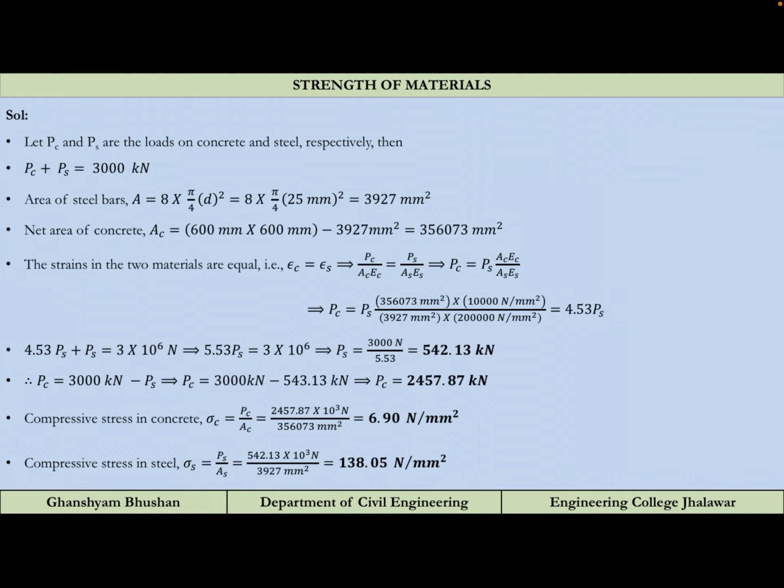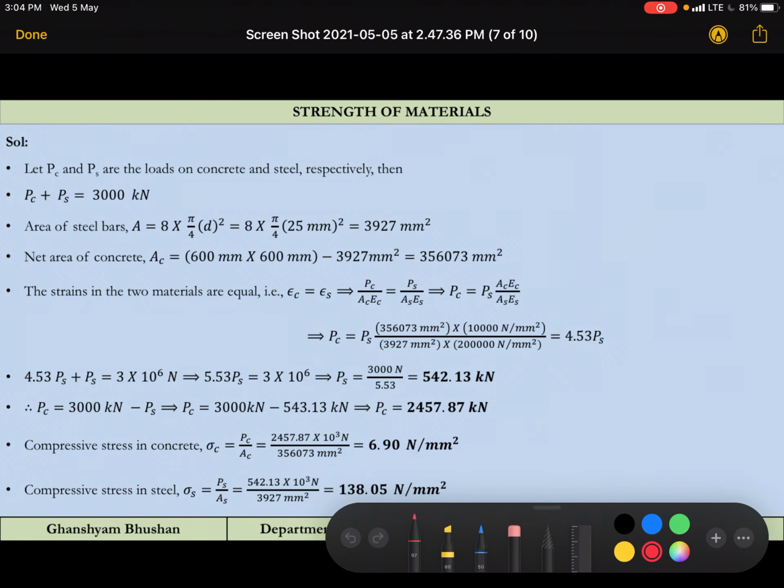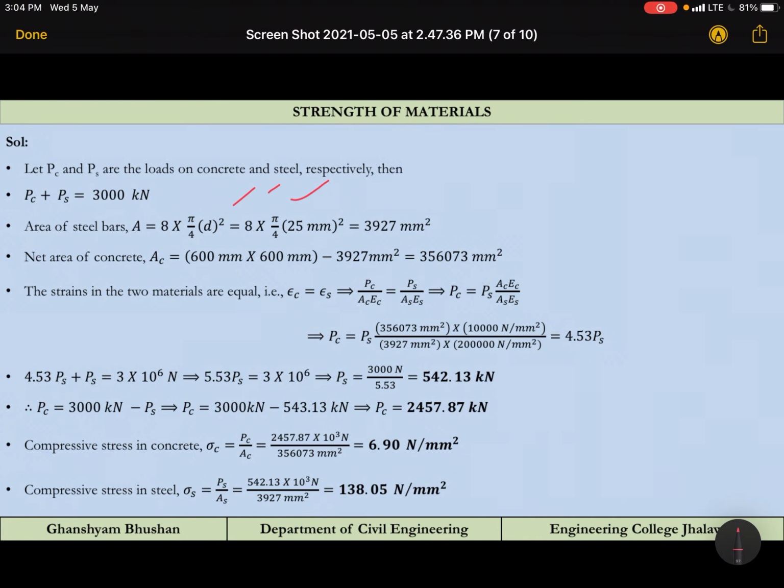So the area of steel is 8 bars of 25 mm diameter: 8 into pi by 4 d square, which comes out to be 3927 mm². Now the area of concrete: how much area is left? Total area minus this area. So the total area is 600² mm² minus 3927, and this gives the area of concrete.